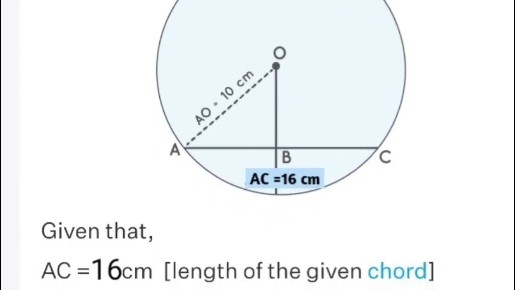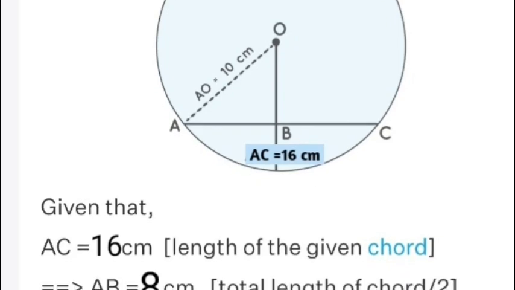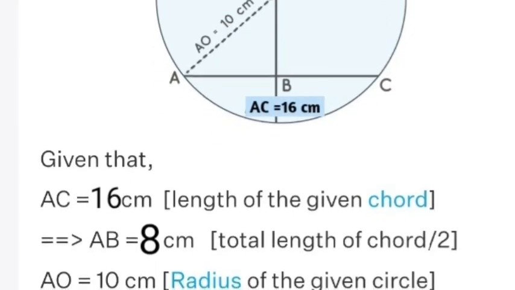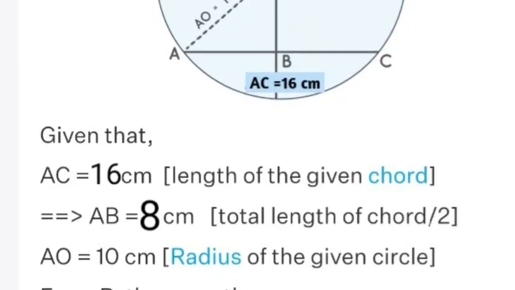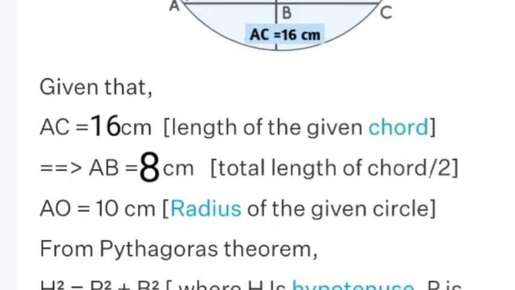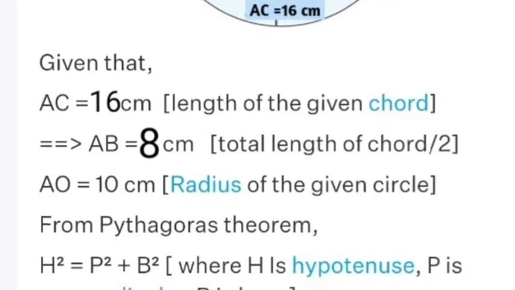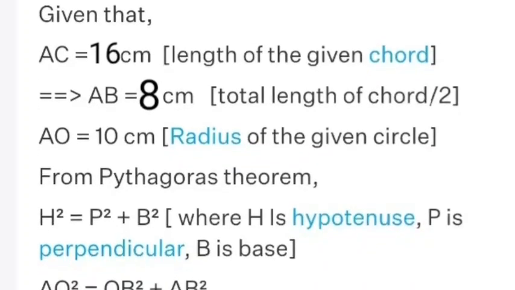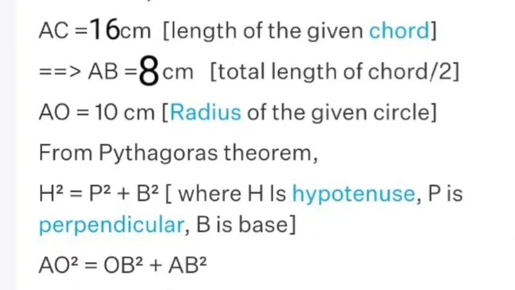Then write, given that AC is equal to 16 centimeter, which is the length of the given chord. Hence, AB is equal to 8 centimeter, as it is the total length of chord upon 2. AO is equal to 10 centimeter, radius of the circle. Hence, from Pythagoras theorem, H square is equal to P square plus B square.